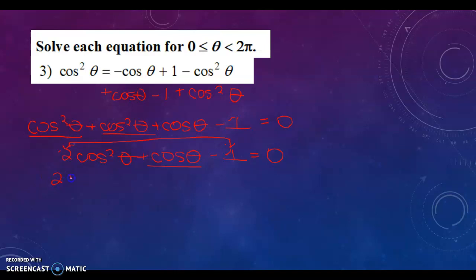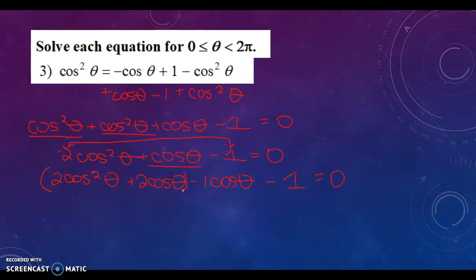Right, so I'm going to rewrite this. I have 2 cosine squared theta plus 2 cosine theta minus 1 cosine theta. I'm rewriting that middle term using my factors, and I still have this minus 1 at the end. Okay, then I'm going to factor by grouping. So I'm going to group my first two terms. Right, what can I factor out of a 2 cosine squared theta and a 2 cosine theta?